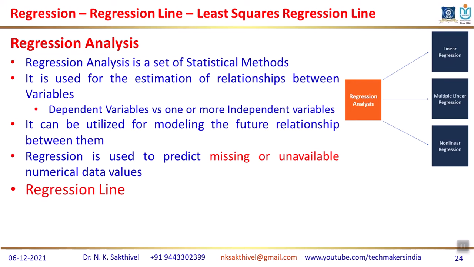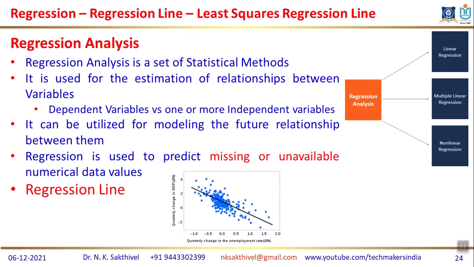And then the regression line is a very, very important one. For example, I would like to show the diagram. Carefully you see the different data dots. Each notation represents a data point corresponding to the x-axis and the y-axis.